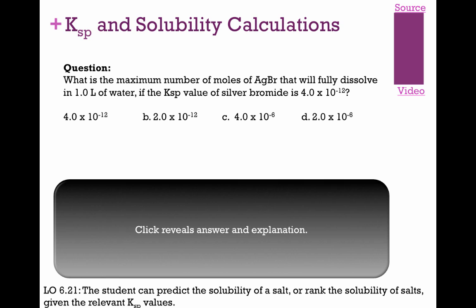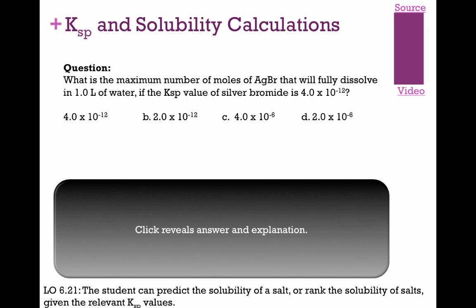So that means I have 2 times 10 to the negative 6 molar of both ions dissolved, which means that's how much silver bromide dissolved. But I don't want molarity, right? What's the problem asking for? It's the maximum number of moles, but how do I go from molarity to moles?